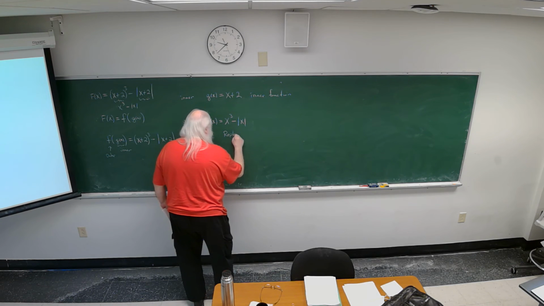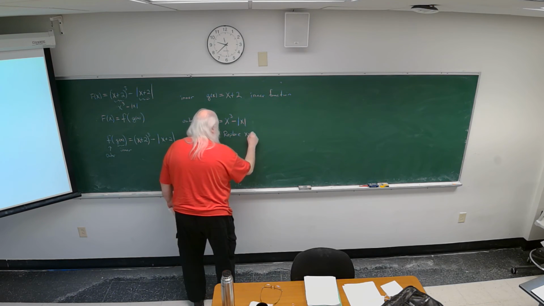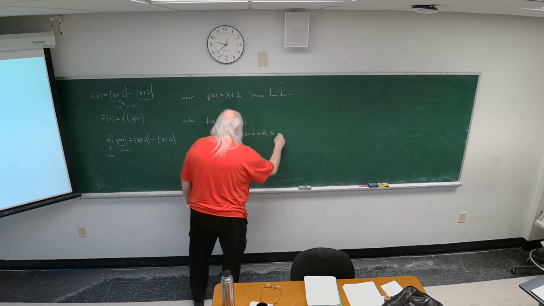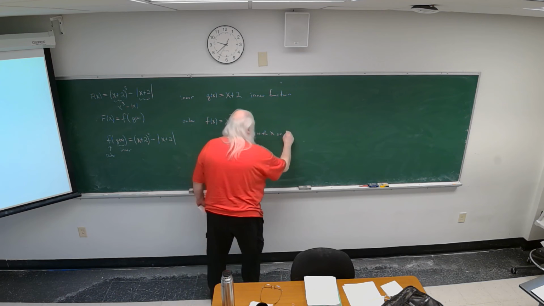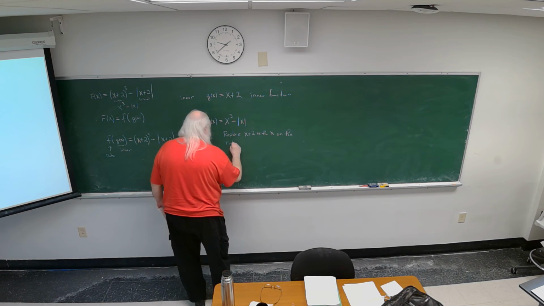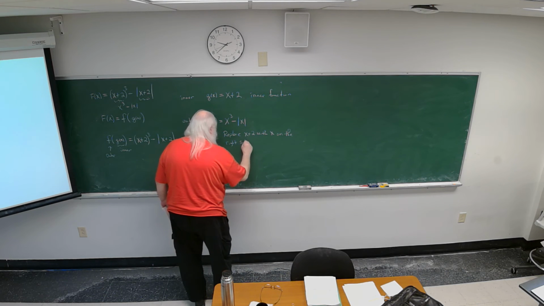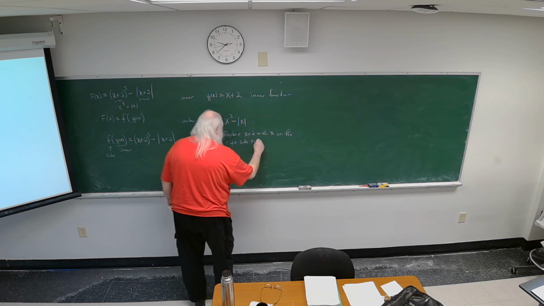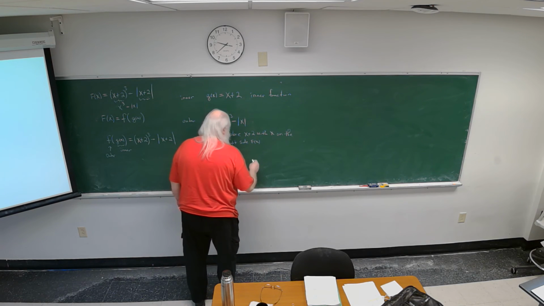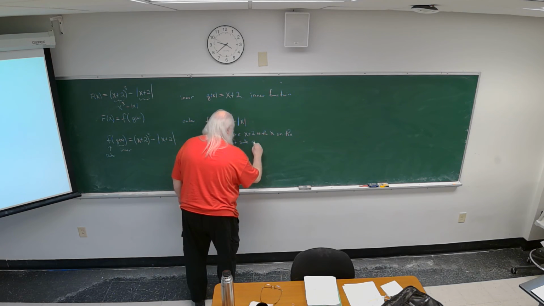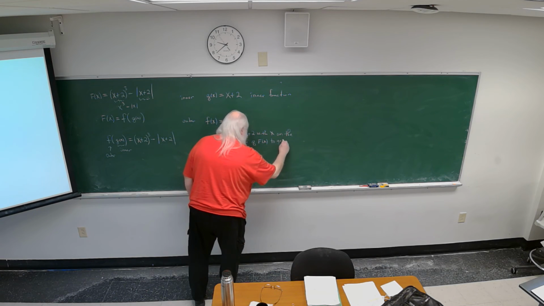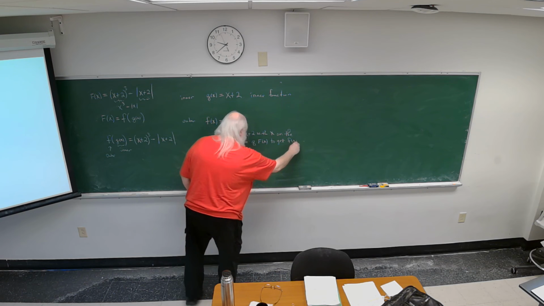So we replace x plus 2 with x on the right side of big F of x, okay? To get little f of x.